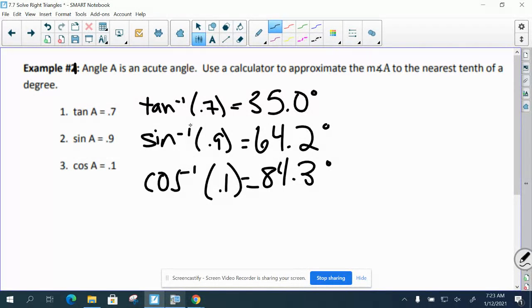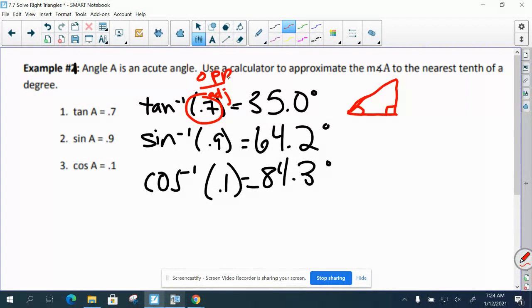So I want to draw these triangles. I'm going to draw a triangle, and we're going to give a possible side length. So here's the right angle. Here's angle A. For this triangle, we want to think about 0.7 as a ratio of the opposite over the adjacent side to this angle A. So how can you think of 0.7, which is a decimal, as a fraction of opposite over adjacent?